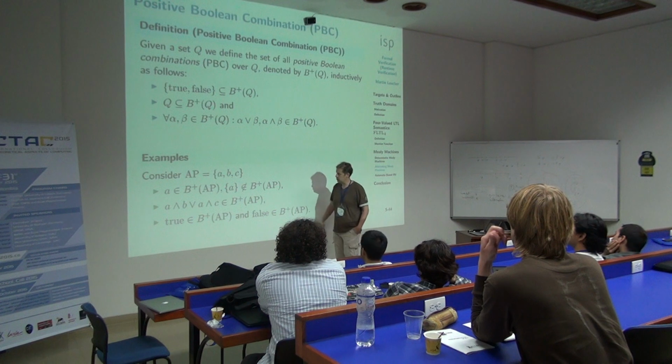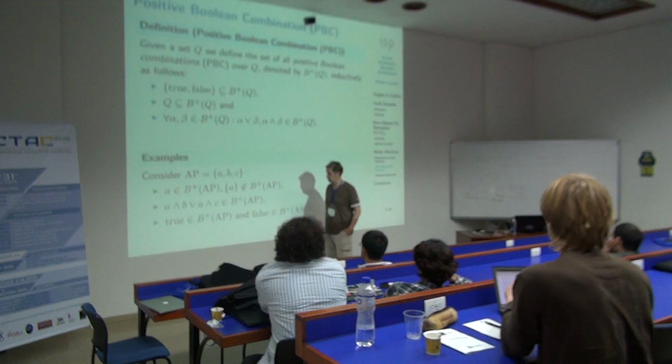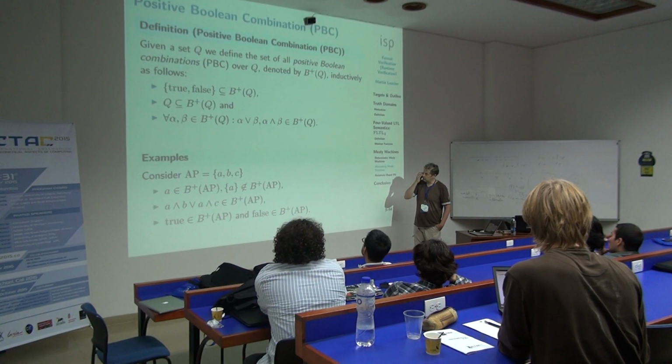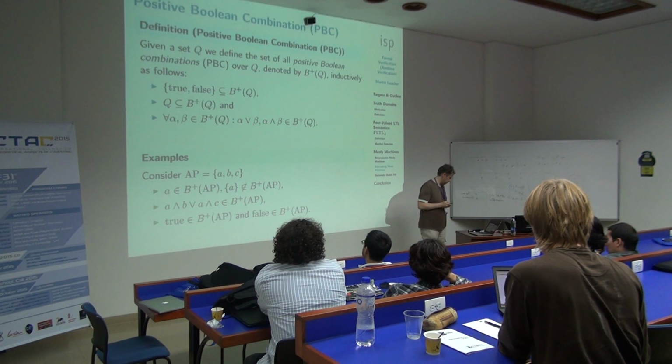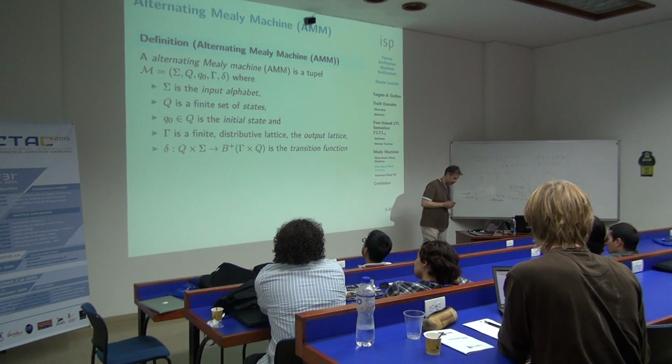Look at an example, something like A and B or A and C. There are these special states, true and false, but I'm not going into detail right now. I think you have a rough idea.